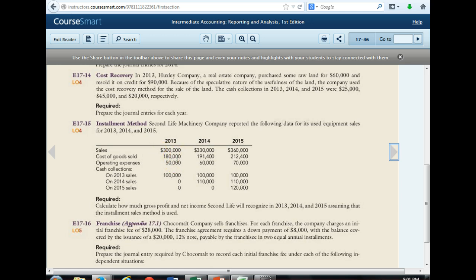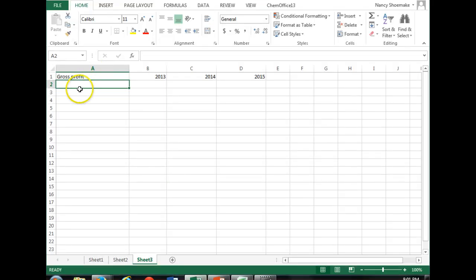What is the gross profit there? 300 minus 180 is what? 120. 120,000 divided by 300,000 is what? 40%.